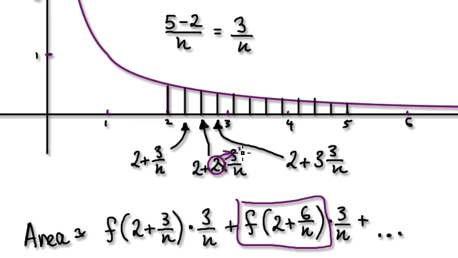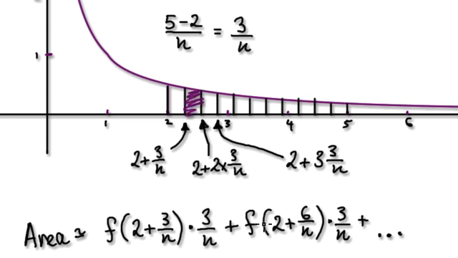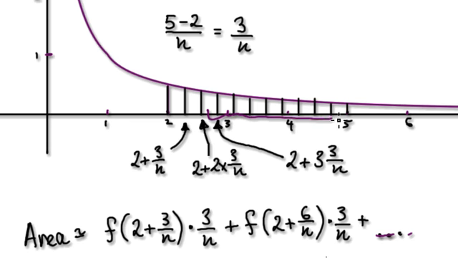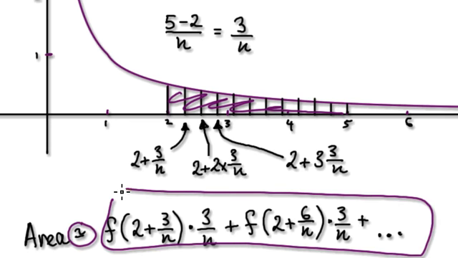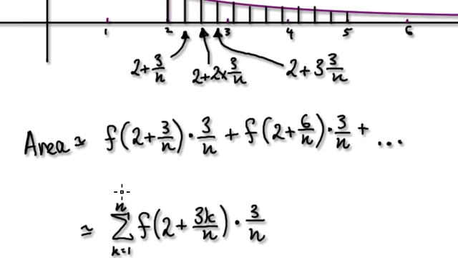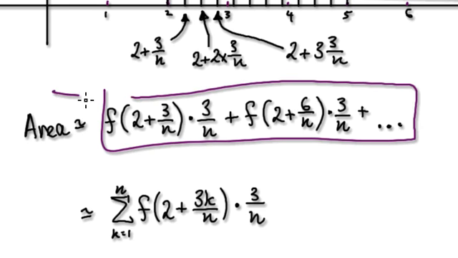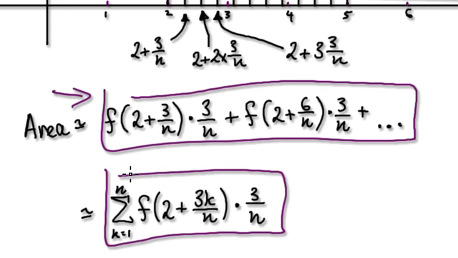Times 2 here gets multiplied to this top, giving you a 6, and so on. The height of this second rectangle would be this times this, and then dot dot dot, and then sum up all the strips. So the area of this whole thing is approximately this whole thing here, and then we would follow our normal routine. A neat way of writing this whole thing would be this.